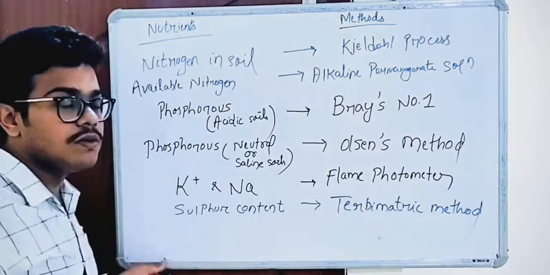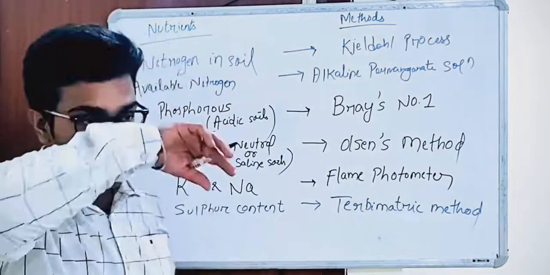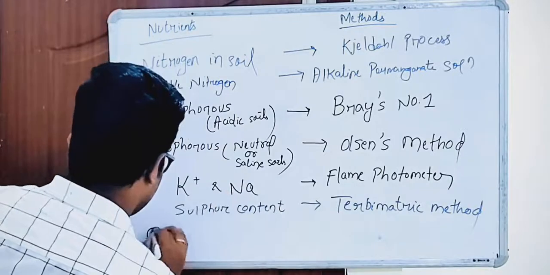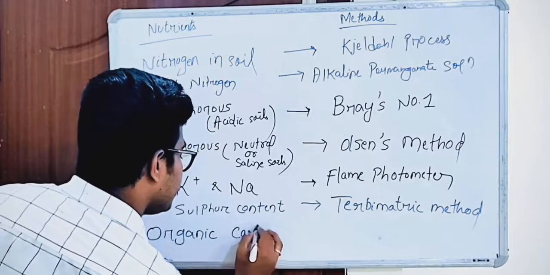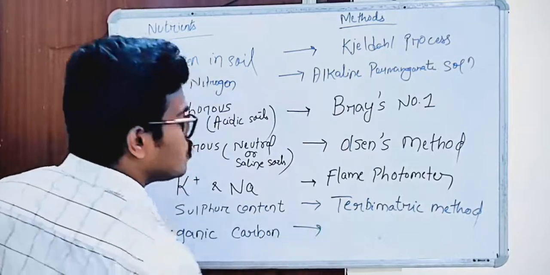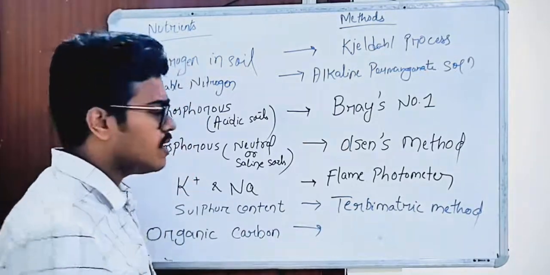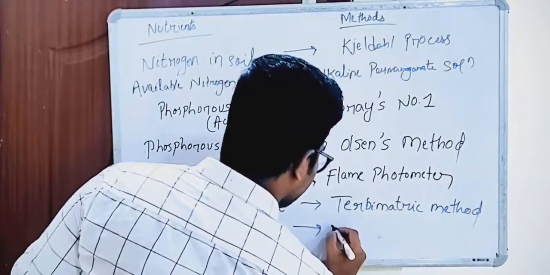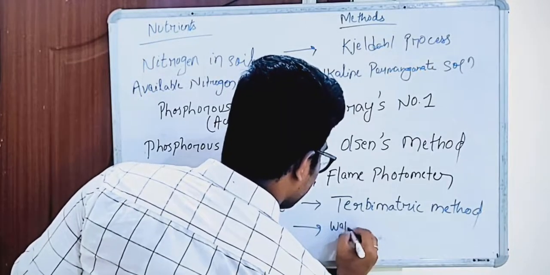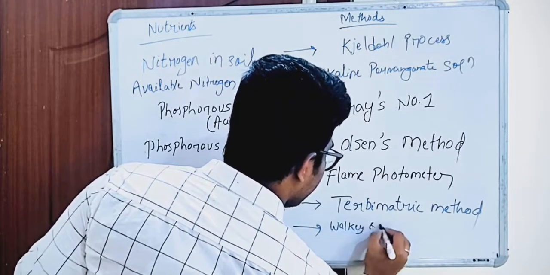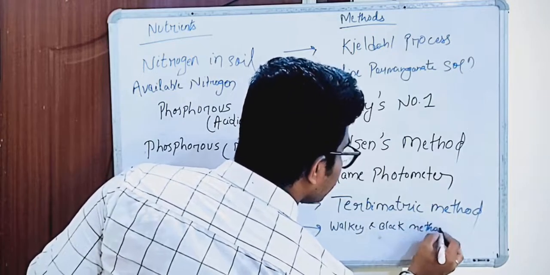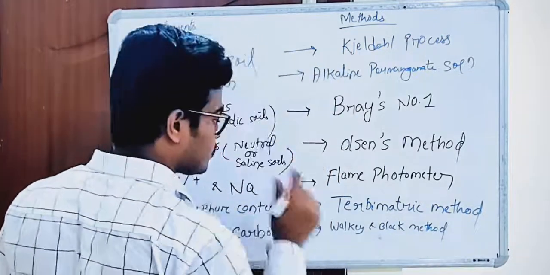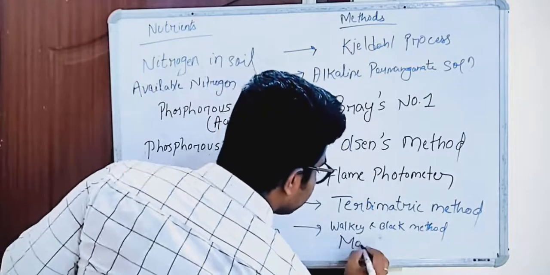Now there will be confusion, because organic carbon is also important. If we want to calculate organic carbon, there are different methods. One is the Walkley and Black method, or we can go for Morgan's method.